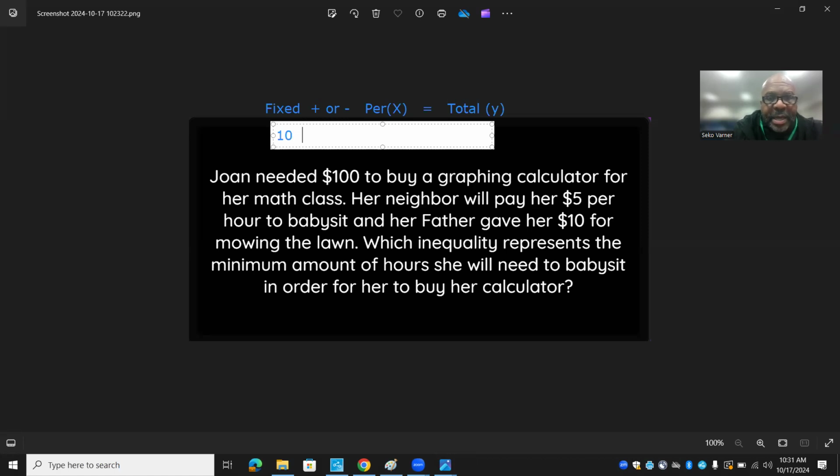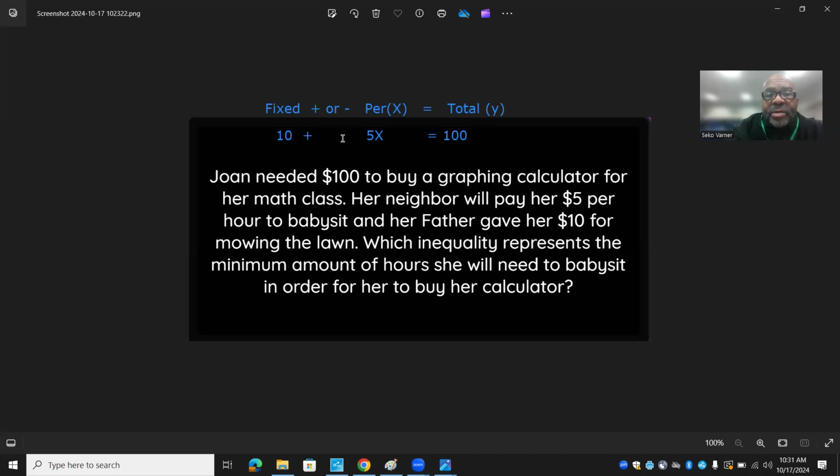She has 10, and then she's going to get an additional amount of money, and that additional amount is going to be $5x, or $5 per hour. And what she needs is $100. So 10 plus 5x equals $100.